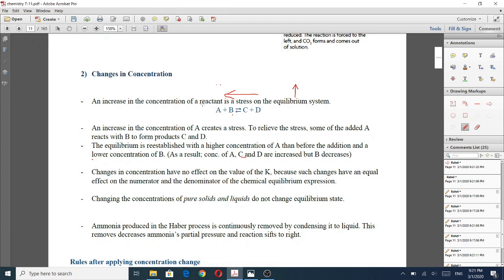Some of that D is transferred back to A and B, so some more A and some more B are produced. But what about C? Then C would decrease. Why? Because by increasing D, the reaction will shift to the left, so some of that C is used again to produce A and B. So the concentration of A and B are increased while C is decreased.